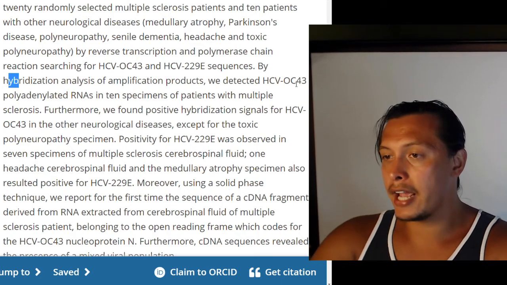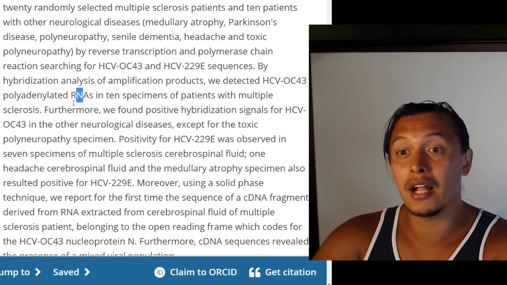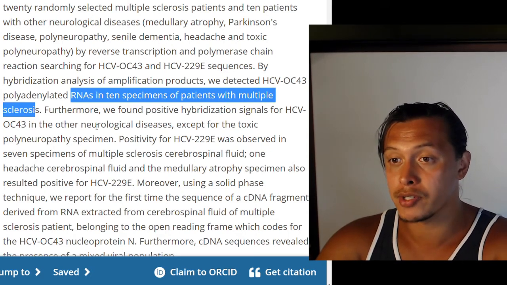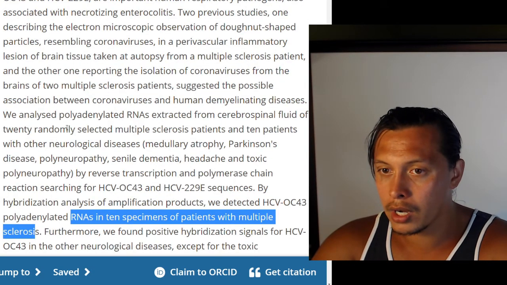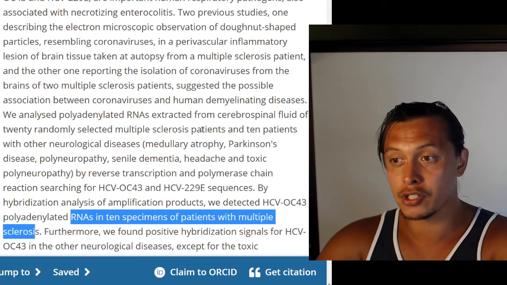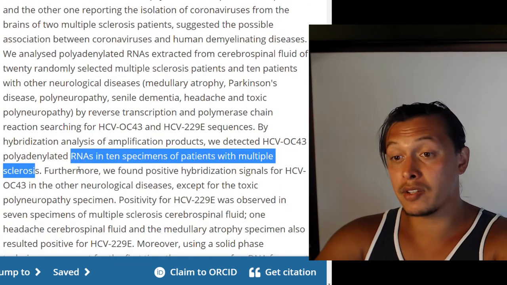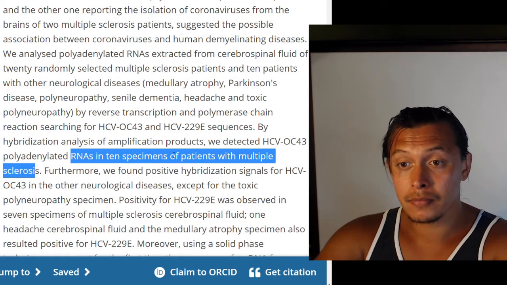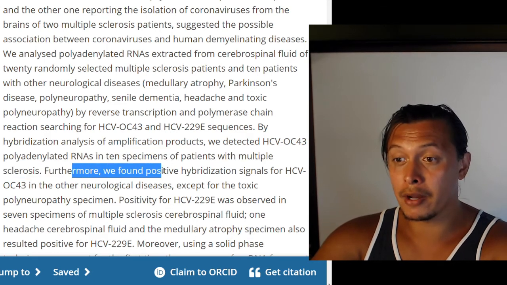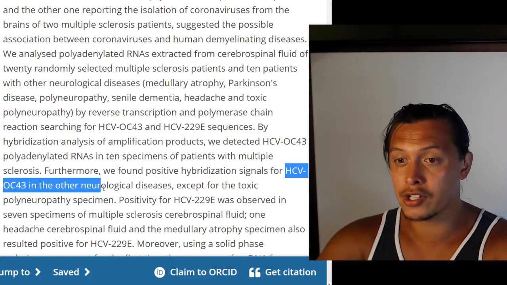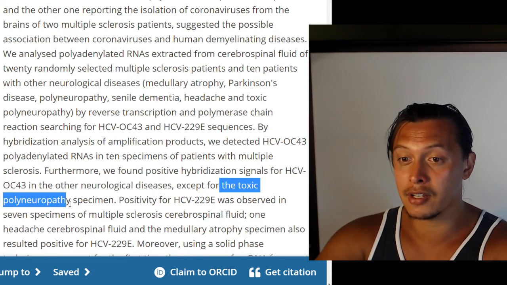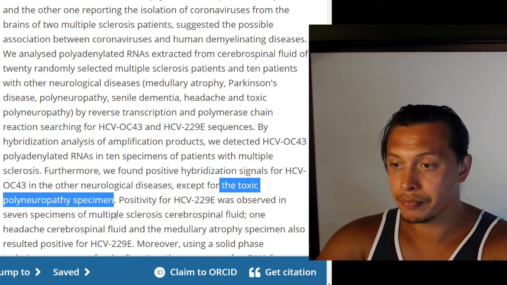And they detected HCoV-OC43 polyadenylated RNAs in 10 specimens of patients with multiple sclerosis. There were 20 randomly selected multiple sclerosis patients, so basically half of them had HCoV-OC43. Furthermore, we found positive hybridization signals for HCoV-OC43 in other neurological diseases except for the toxic polyneuropathy specimen.